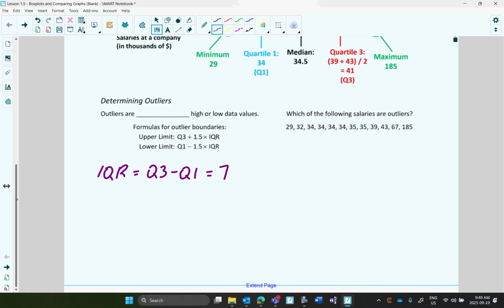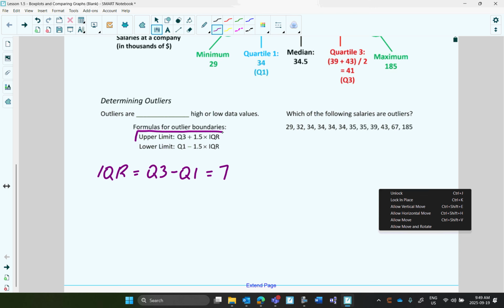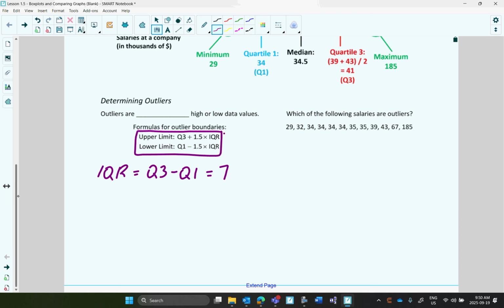And this is how we do it. For the upper limit, we take the value of Q3, which we found was 41, plus 7 times 1.5. The IQR times 1.5. And we calculate that value. And when we do that, we get 51.5.